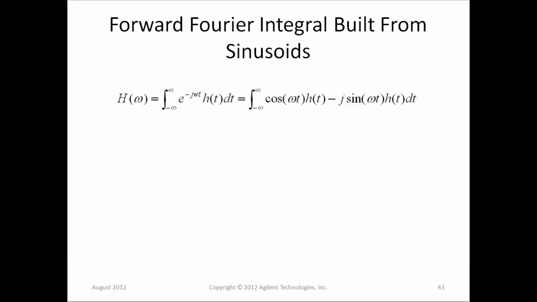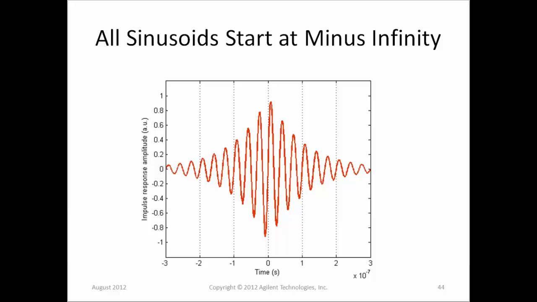And the fundamental problem is this: all sinusoids start at minus infinity. How can you possibly construct an impulse response which wants to be 0 all the way up to time t equals 0 and then positive in the positive plane when you're trying to build it out of sinusoids that start at minus infinity?